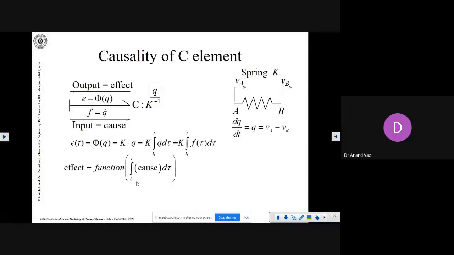If we write it in the same way as we had done before, we can say effect is a function of the integral of effort with respect to time. So this representation is exactly what we have here, and we can say that this is a natural or integral causality for the C element.